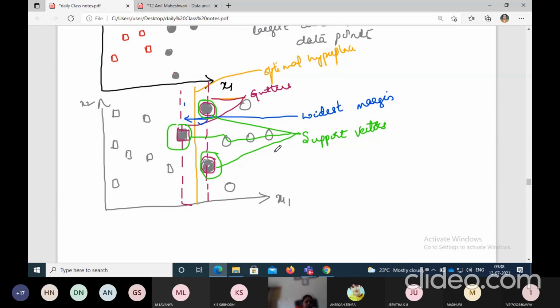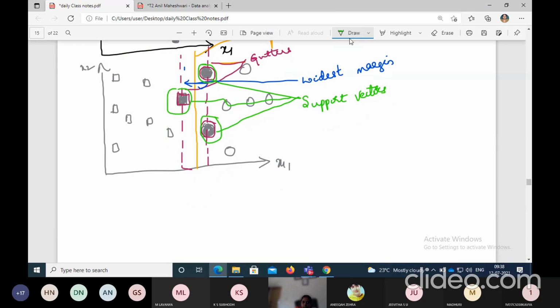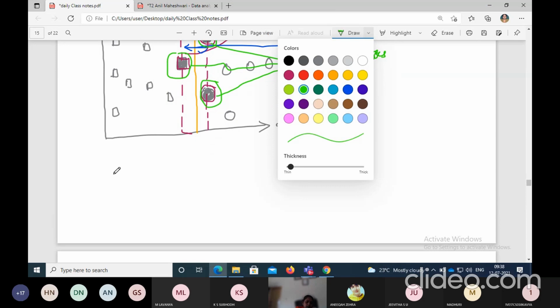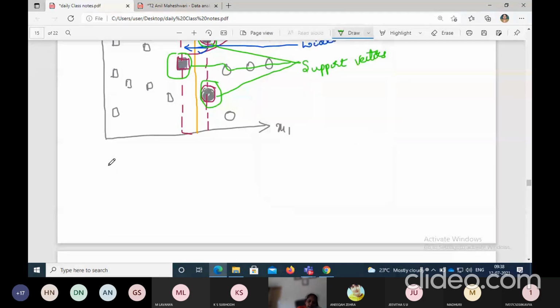So now mathematically we will try to define this. Suppose we have a training data set comprising n data points.